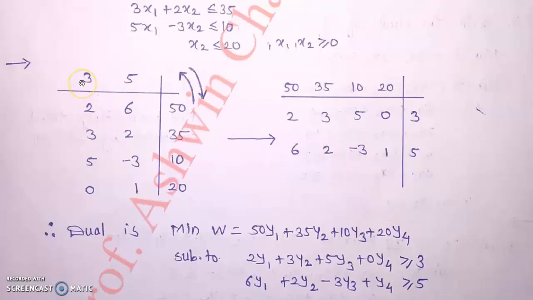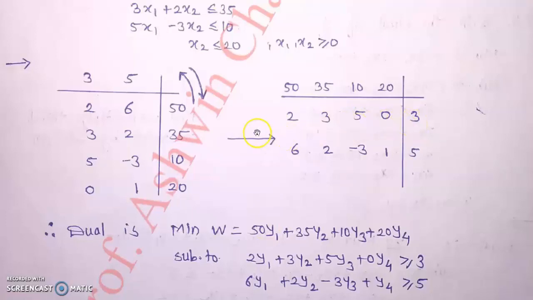Now the given coefficients from the objective function were 3 and 5, now we write with the new row, that is 50, 35, 10 and 20. Since there are 4 constants, we need 4 variables. So we write minimize w equal to 50y1 plus 35y2 plus 10y3 plus 20y4 subject to 2y1 plus 3y2 plus 5y3 plus 0y4 greater than or equal to 3.